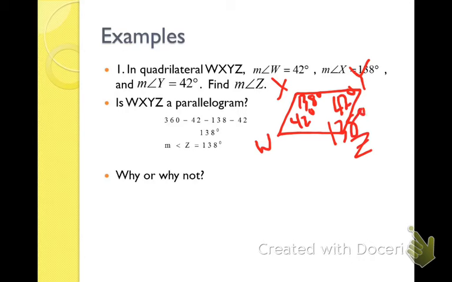All right, now, knowing that Z is 138, is this a parallelogram? Why or why not? Taylor, what do you think? Is it a parallelogram?